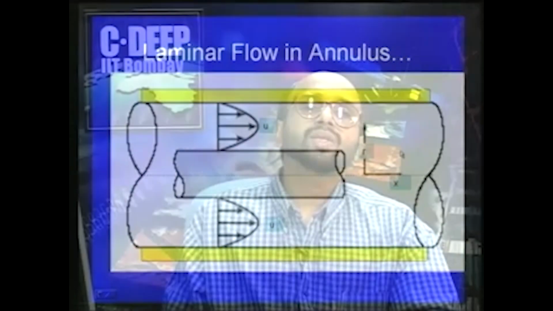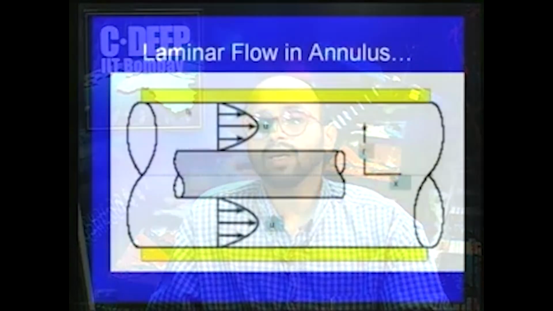Now, as we have plotted the velocity variation in the case of pipe flow, here also we can plot the velocity variation. As I mentioned, due to the no slip boundary condition, on the pipe wall as well as the inner cylinder wall, the velocity will be 0. You can see here I have plotted the velocity variation.